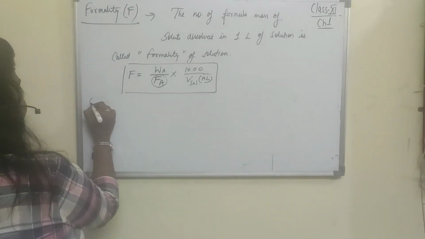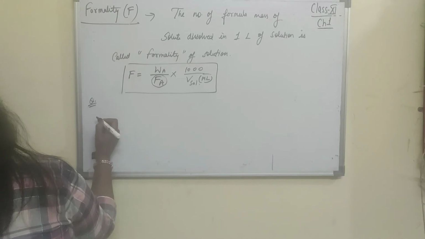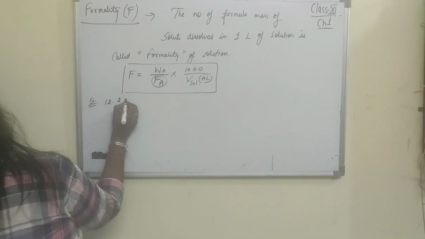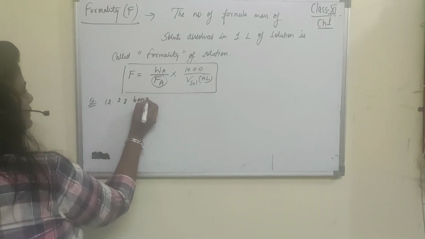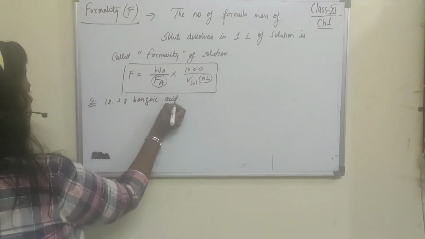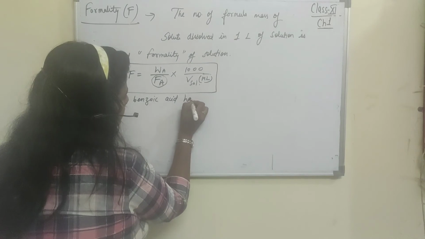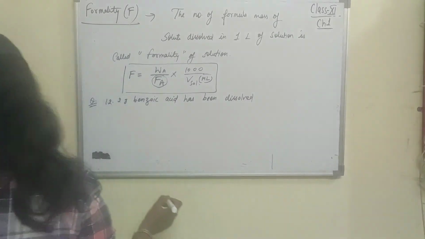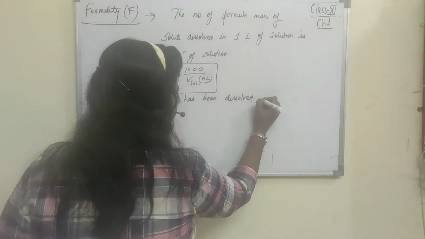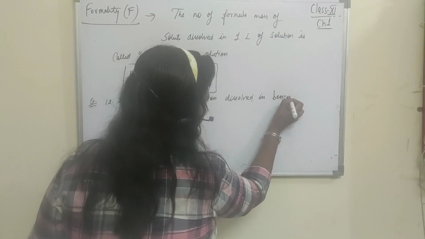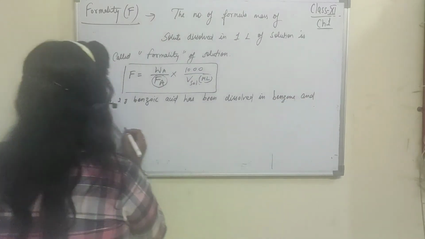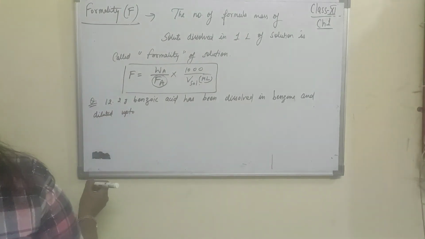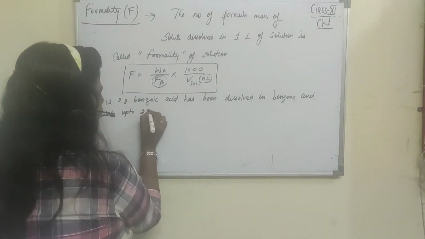Question is: suppose 12.2 gram benzoic acid has been dissolved in benzene and diluted up to 250 ml.